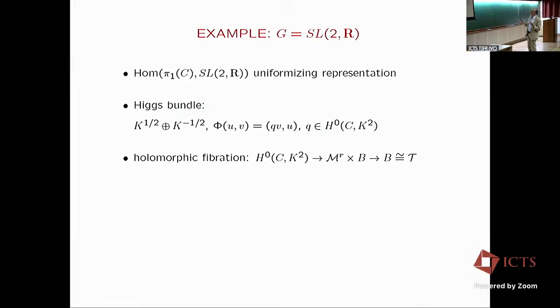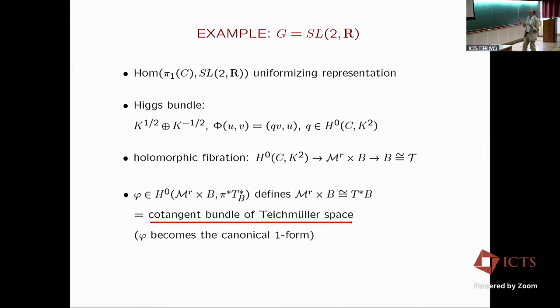But in fact, it's this phi. What is this phi? It's a section of the pullback of the cotangent bundle of Teichmüller space. So it gives you a holomorphic map to the cotangent bundle of Teichmüller space. And if you check it, you'll see that it's an isomorphism on the fibers.